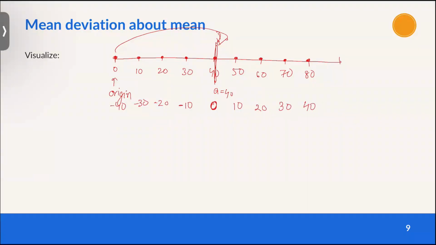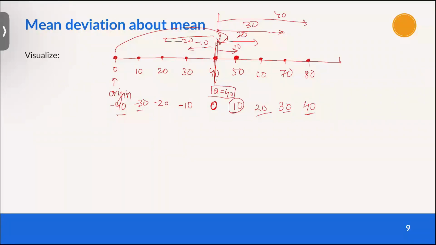So from the assumed mean, this first data is 10 distance away. What is this value saying? It is saying that from this assumed mean, this data is 10 distance away. This is 20 distance away. This is 30 distance away. And this is 40 distance away. Similarly, this side also minus 10, minus 20, minus 30 and minus 40. So you have calculated the deviations.